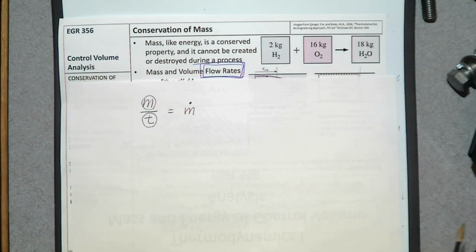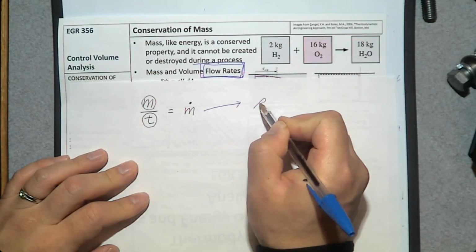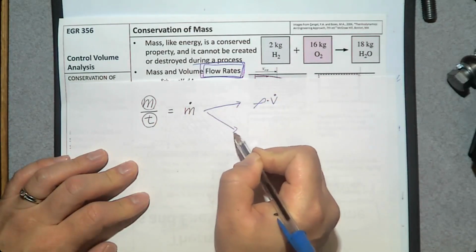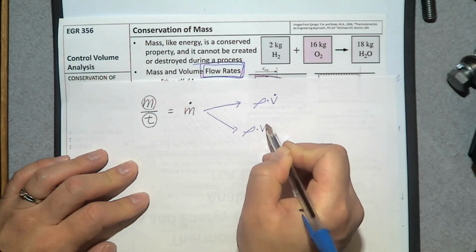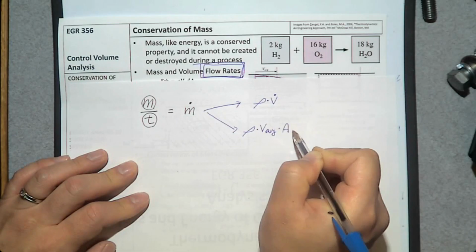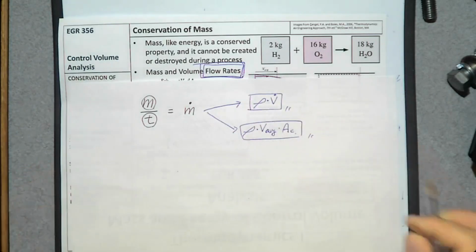There are two different ways to determine this mass flow rate. The first one is density times volumetric flow rate, and the other one is density times average velocity times cross-sectional area. So that's how we determine mass flow rate.